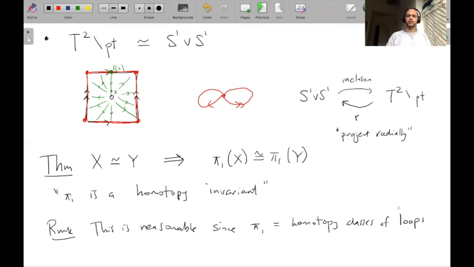I don't think it's too much of a stretch that the theorem is saying that if you deform your space a little bit, which is what homotopy is capturing, then you're not going to change the fundamental group, since the fundamental group is defined in terms of homotopies. If you deform the space, then you're just deforming the loops. That's a hand-wavy intuition, but okay.